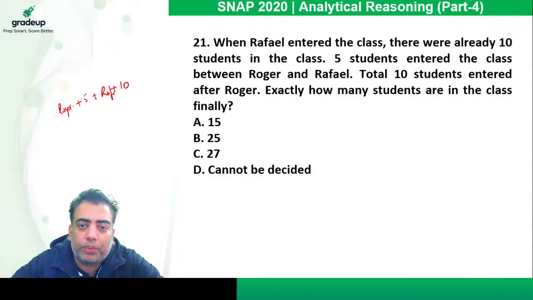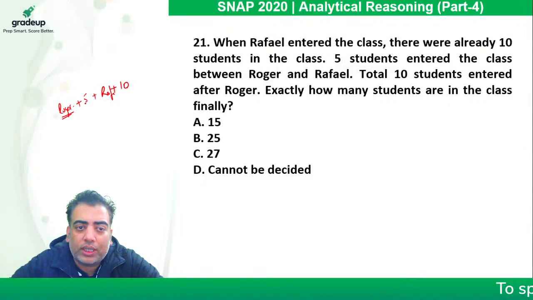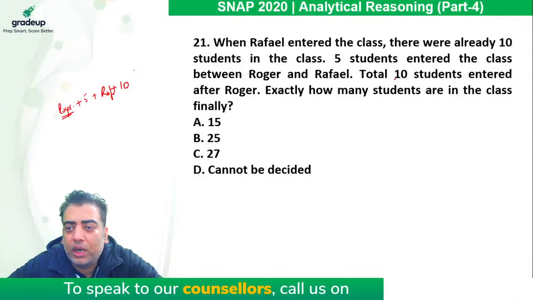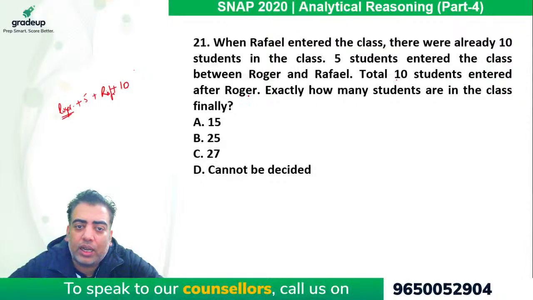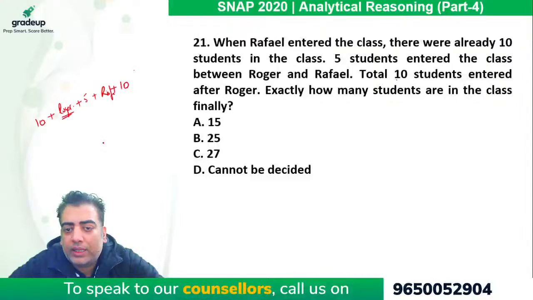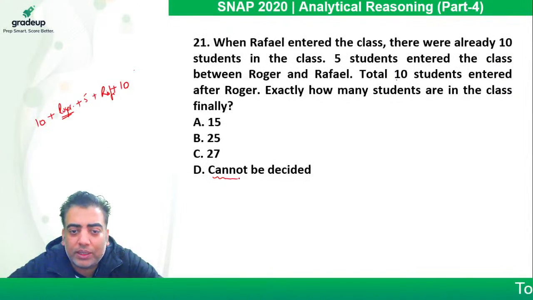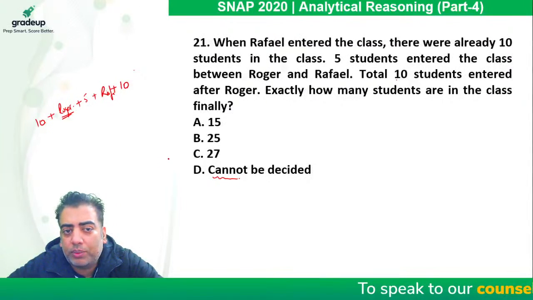So there are 2 possibilities: Roger came after Raphael, or Roger was already there in the class. Let's see what we get. Total 10 students entered after Roger, so I am writing plus 10 also. Exactly how many students are in the class? So there is one option which is cannot be decided. So we need to consider both the cases.